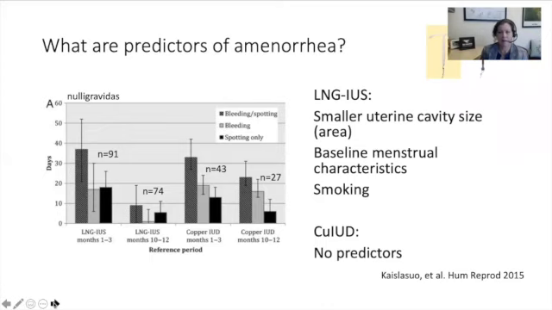One predictor of this pattern of amenorrhea or nearly amenorrhea was a smaller overall uterine cavity area, mainly due to fundal width. Uterine cavity length didn't have an impact. However, in multivariate analysis, only lighter baseline menses and smoking history were significantly associated with this pattern, and uterine area was no longer significant in these nulligravids. Next slide.